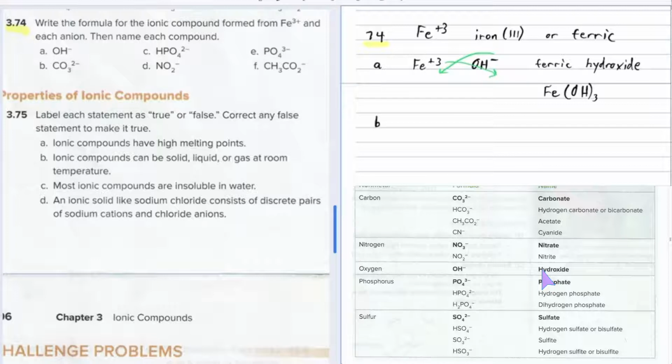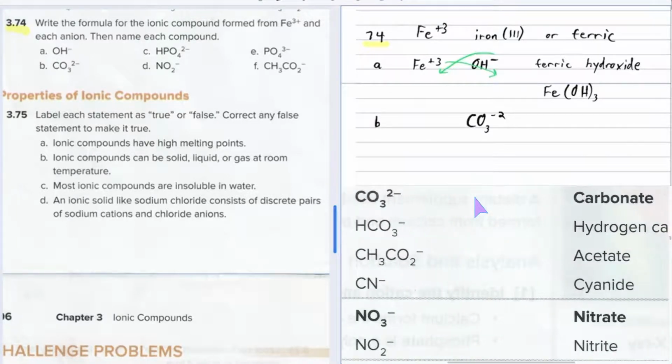So let's do B. B is the carbonate. So you got CO3 minus 2, that's carbonate, that's up here. And of course we got the Fe plus 3 again, and you're going to need 3 carbonates and 2 iron 3s.